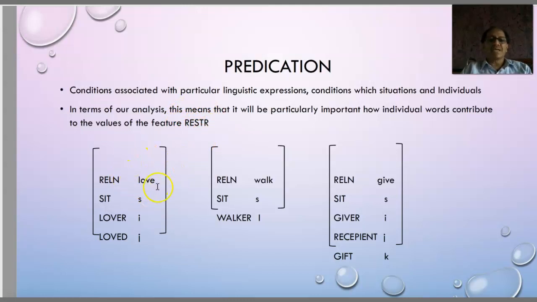Let's say there's a verb like love. Right? A verb like love is a relation. It's a relation between two objects, two semantic objects.